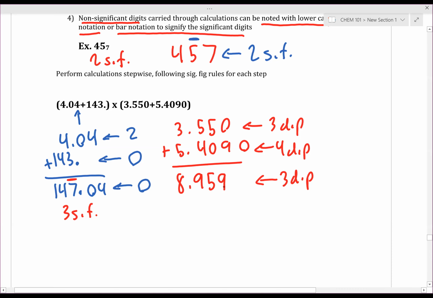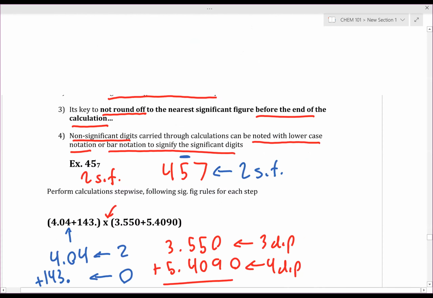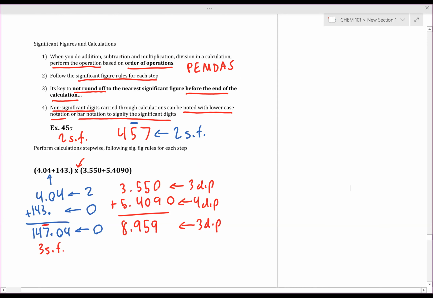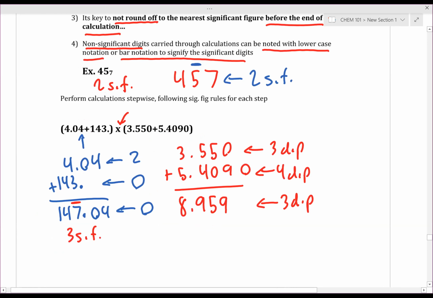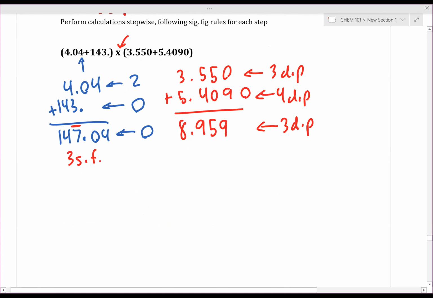Okay, now we have these 2 numbers, and our instructions tell us to multiply these 2 numbers. So let's do just that. Let's multiply these two numbers together.